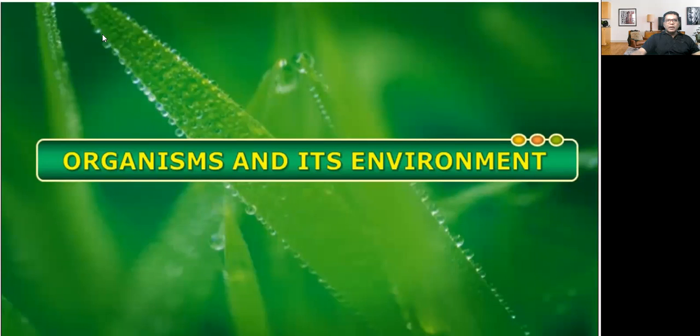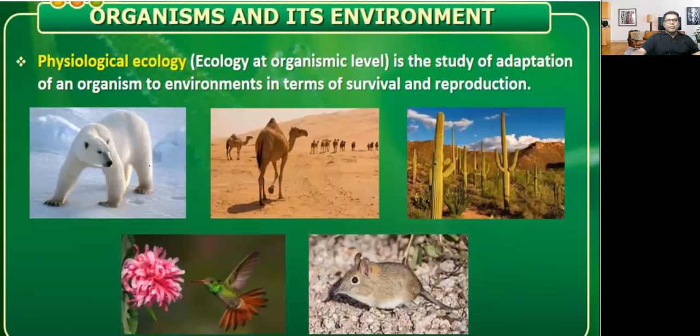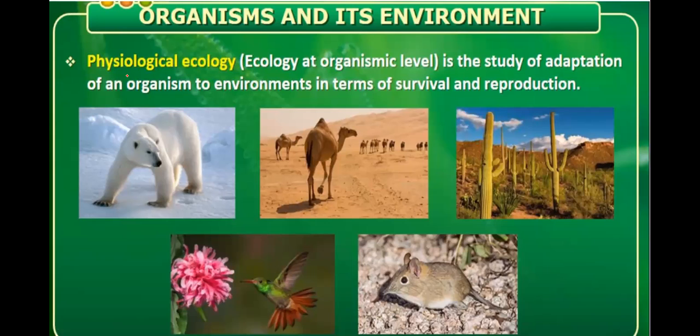Now, what is organism and its environment? So there is physiological ecology. This ecology at an organismic level is the study of adaptation of an organism. This is an organism, polar bear, adapted to live in polar area.